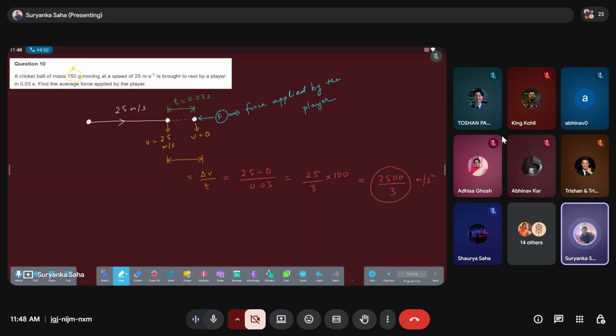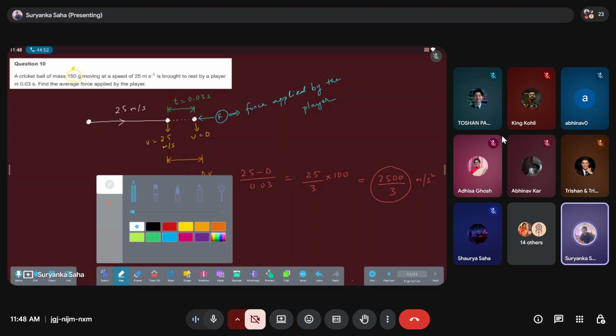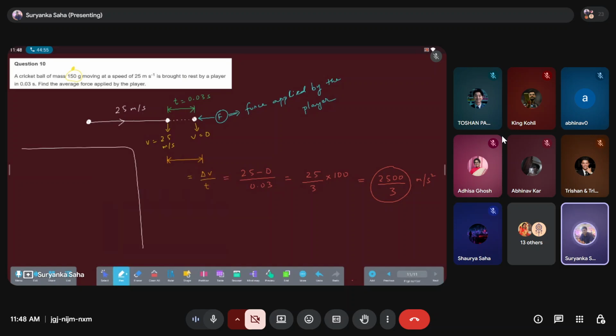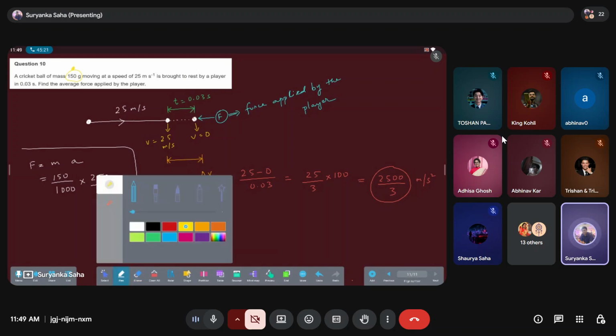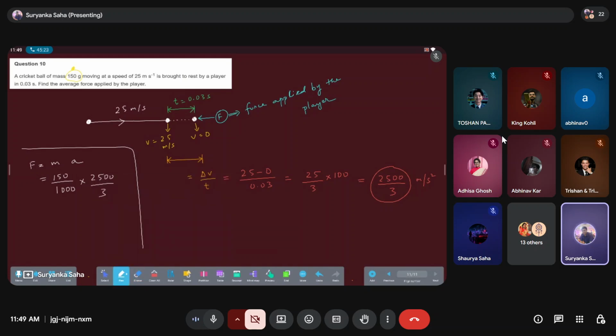Now what is the value of force? Force equals ma, and m is 150 gram divided by 1000 kg, into acceleration, 2500 by 3. So you see the advantage of not calculating values. Sometimes you don't need to calculate values, that will help in your process. So be careful about that.